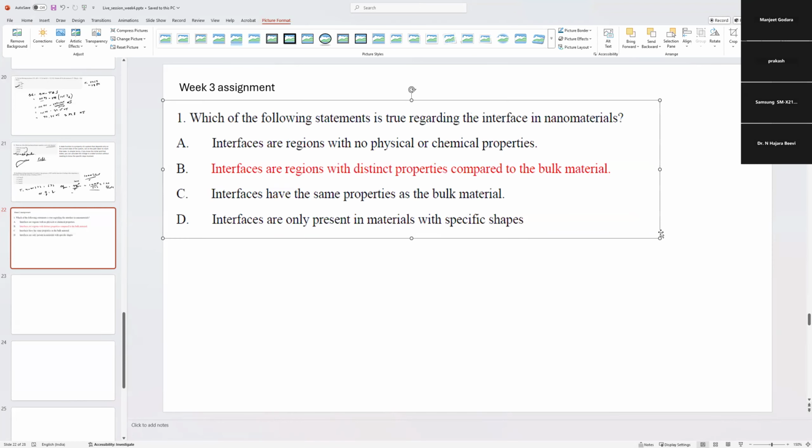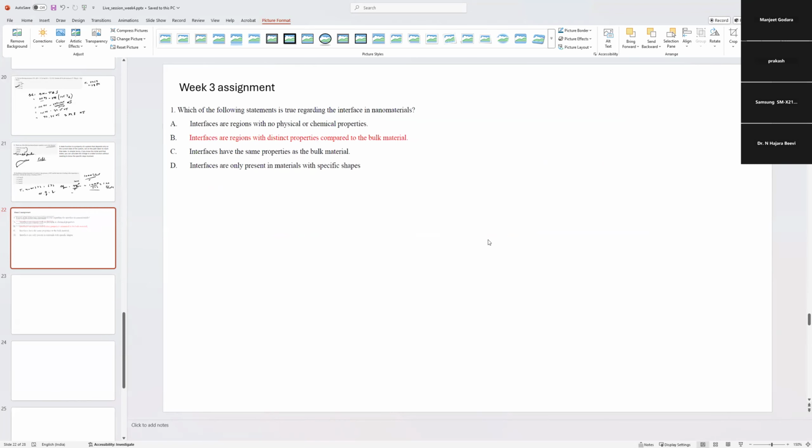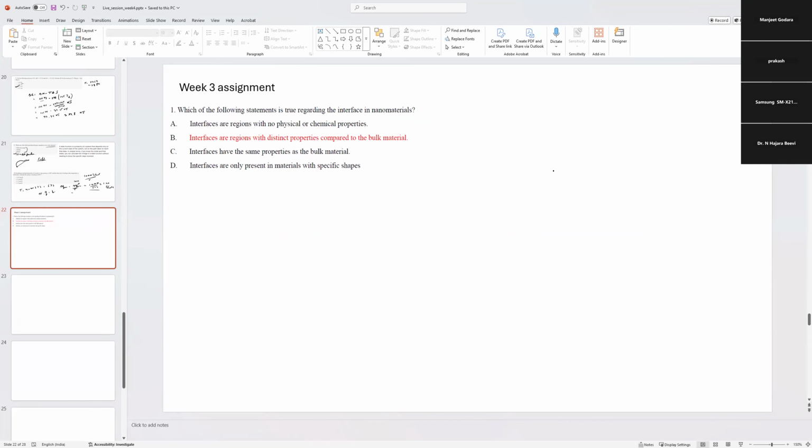First question was: which of the following statements is true regarding the interface of nanomaterial? If you assume you have a nanosheet, your atoms sitting. So, interface are the region with no physical or chemical properties.